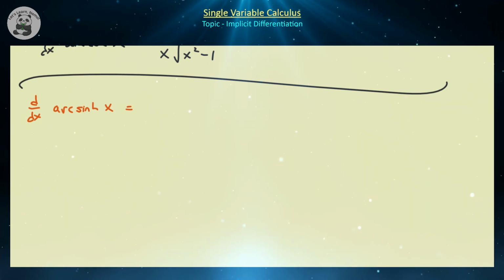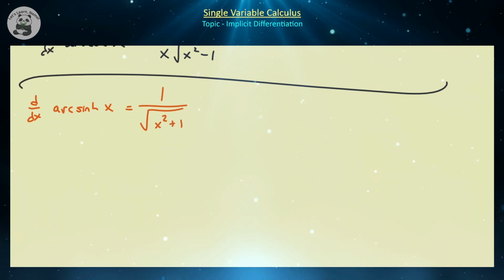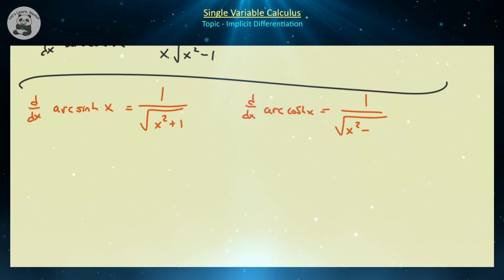And this is going to be equal to 1 over the square root, and I think the best way to write this would be x squared plus 1. The derivative of arc hyperbolic cosine will be equal to 1 over the square root of x squared minus 1, and this is only defined for x bigger than 1.